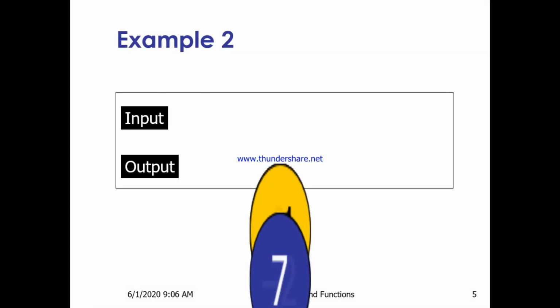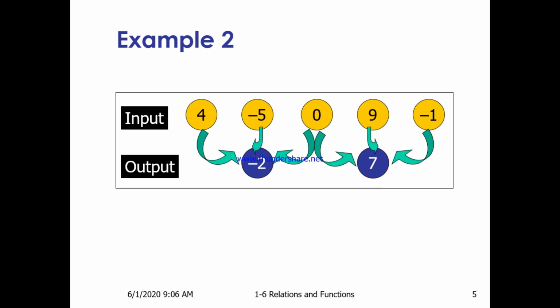Next, example number 2. In this case, we are given an example of a mapping. So in this case, we also have the input and the output. These are the domain and these are the range, the independent variable and the dependent variable. For the input, we have 4, -5, 0, 9, and -1. As you can see, each of these inputs is paired to only two numbers in the output, which are the range.